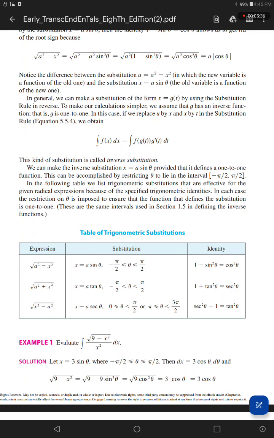And then the expression square root of x squared minus a squared, the substitution is x equals a secant theta, where theta is greater than or equal to 0 but less than pi over 2, or theta is greater than or equal to pi but less than 3 pi over 2. And the identity is secant squared theta minus 1 equals tangent squared theta.